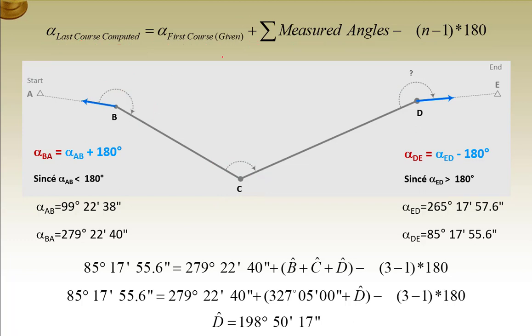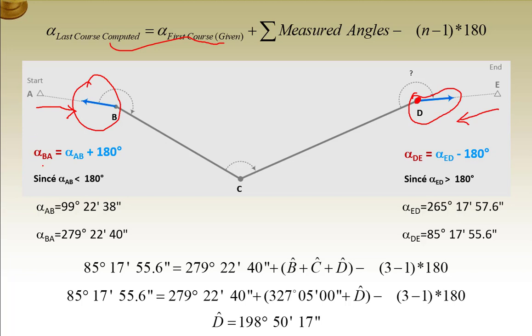To apply this formula, we have to have the azimuth of the first line in the direction from the inside station to the outside station, and the result, the calculated azimuth, will be from point D to point E. What we are given is alpha ED for the last line and alpha AB for the starting line. All we need to do is to calculate the back azimuth.